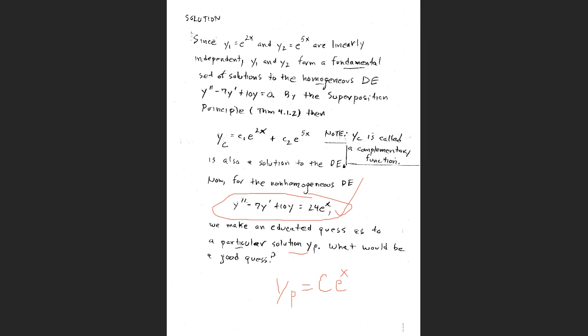That would be a good educated guess, because when we substitute whatever solution we guess into the left-hand side of the differential equation, we're going to have to take first and second derivatives. But in the end, the left-hand side has to equal 24e to the x. The derivative of e to the x is e to the x, so this is a very good educated guess. And we're going to run with that on the next page.